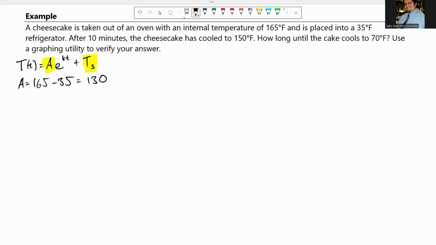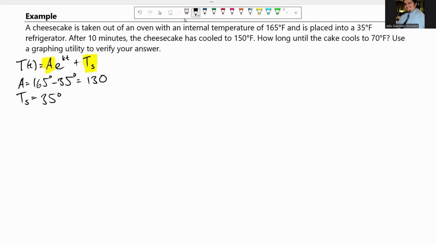Okay, we have A, and T sub S, the surrounding temperature, is going to be the temperature of the fridge. Since we're grabbing the cheesecake, putting it in the fridge and leaving it there, that's the ambient temperature that the cheesecake is going to live in at this point.